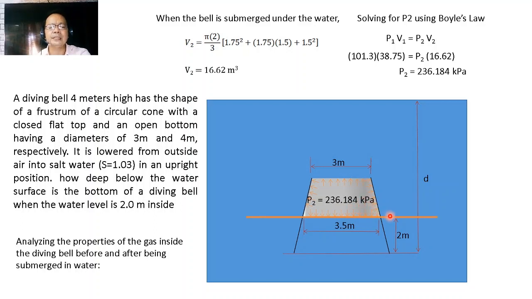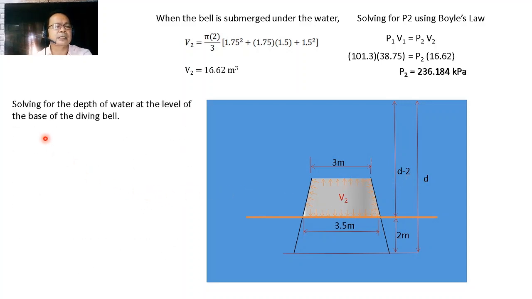And with this being the pressure at this point of the liquid, we can now find the magnitude of the depth, because this distance will be equal to d minus 2. This is the pressure at the distance d minus 2 from the liquid surface. Hence, we substitute in solving for the depth of water at the level of the base of the diving bell.